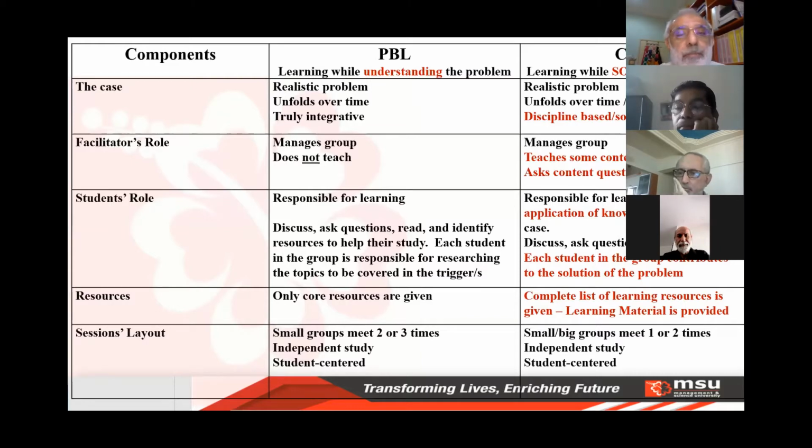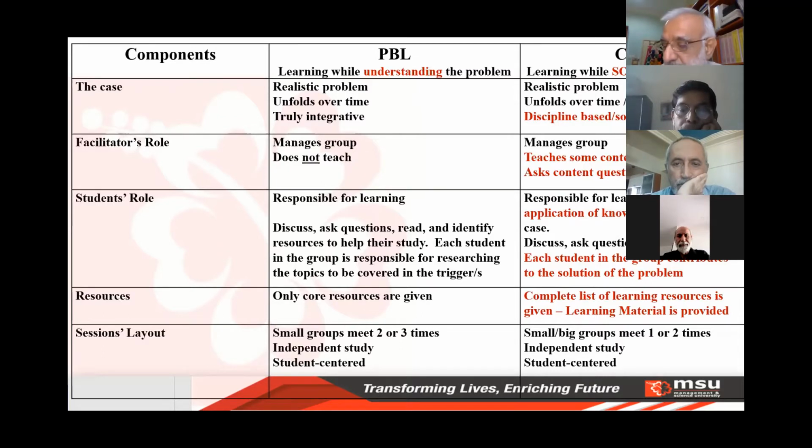In PBL, typically the information is given over time, whereas in CBL, information may be given over time or may be given at once in one setting. PBL is truly integrative. PBL is based on integration, whereas CBL is mainly discipline-based. So this is again a big difference between PBL and CBL.